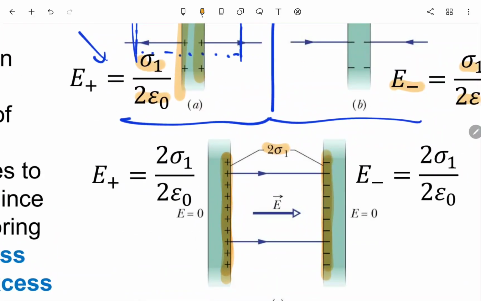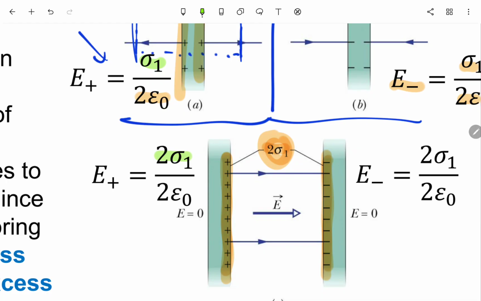So E plus turns out to have a factor of 2, because we replace sigma 1 by 2 sigma 1.